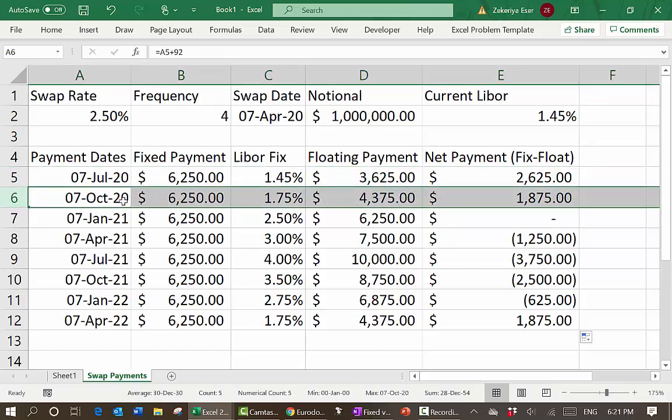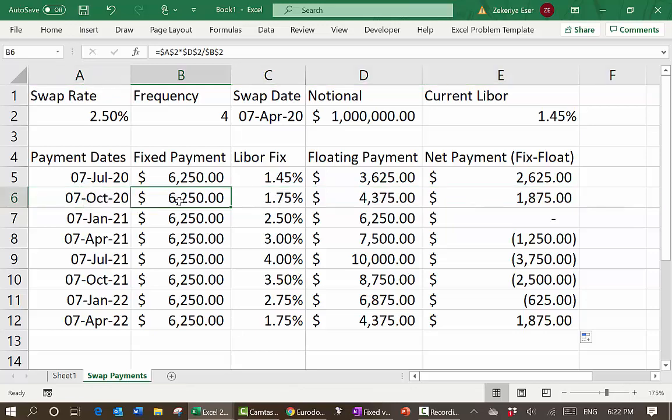So if you think about it, on the one end there is a fixed rate loan. You are effectively paying interest on a $1 million loan that's going to start on July 7th, but you're going to make the actual payment on October 7th.